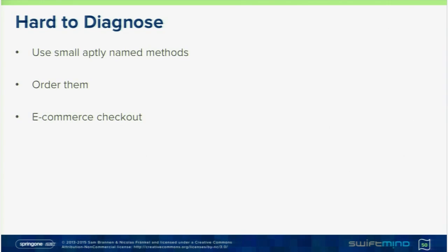And then if in this scenario something breaks, where did it break? You have no idea. What I suggest you do in this case is to have small methods. For each step in the checkout scenario, you have one method named semantically.